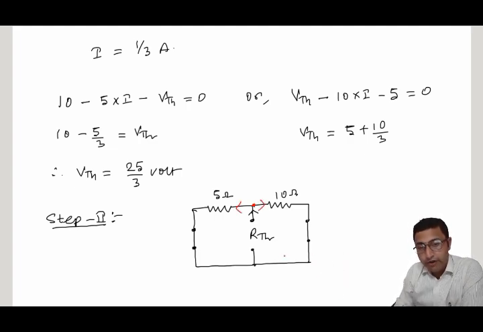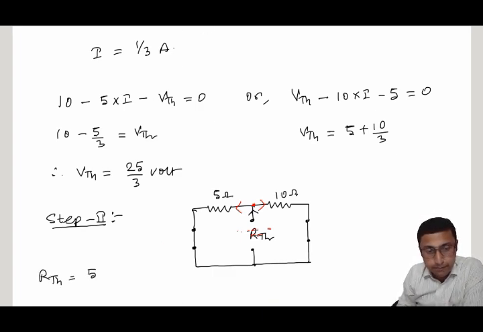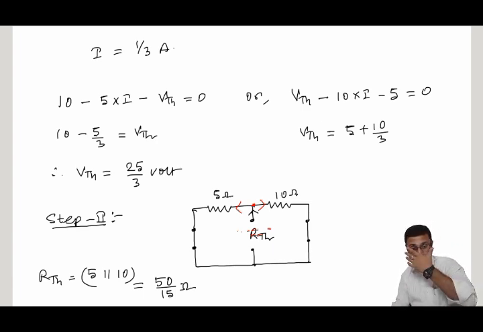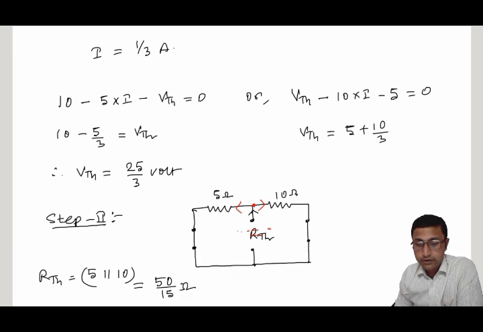That means the 5 ohm and the 10 ohm resistances are both connected in parallel with respect to this fictitious voltage source present in place of RTH. So your RTH, the Thevenin equivalent resistance, will simply be the parallel combination of 5 ohm and 10 ohm. By calculating, your RTH will be 50 by 15 ohm.